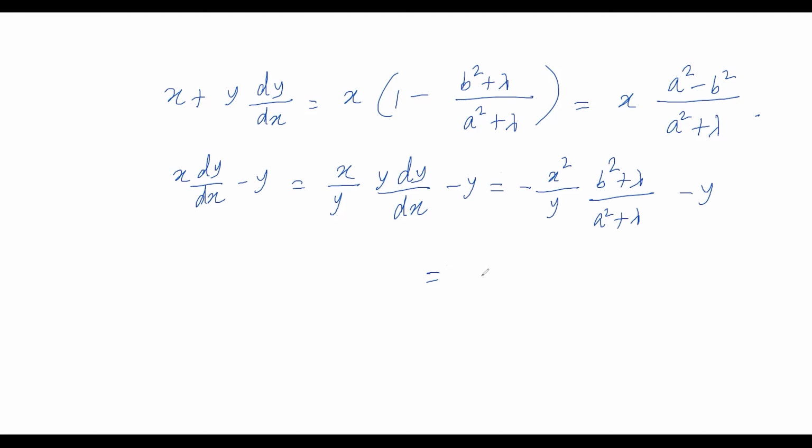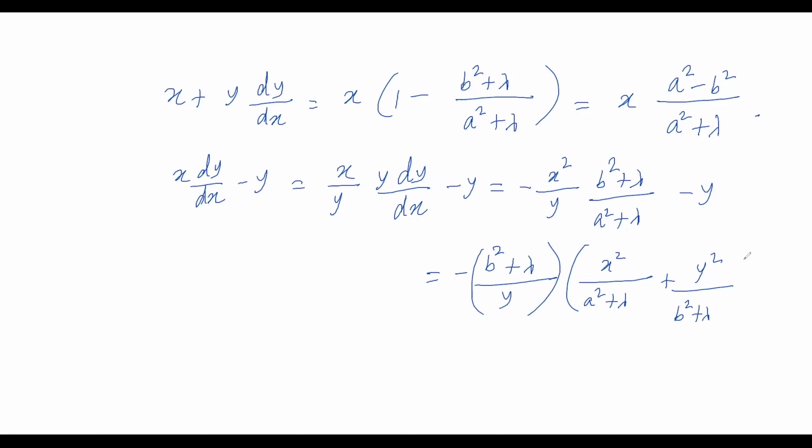And if you just take out b squared plus lambda by y and the minus sign, inside you will get x squared over a squared plus lambda plus y squared by b squared plus lambda.